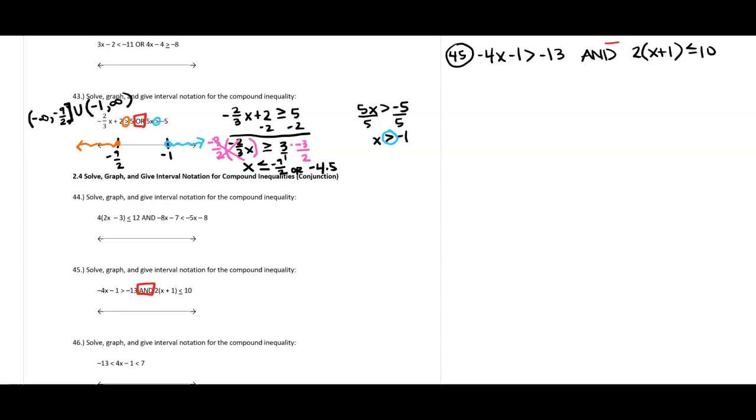Okay, I'm going to give you a few minutes. Use this time, solve those down, and then think about what you need to do because it's an and statement.